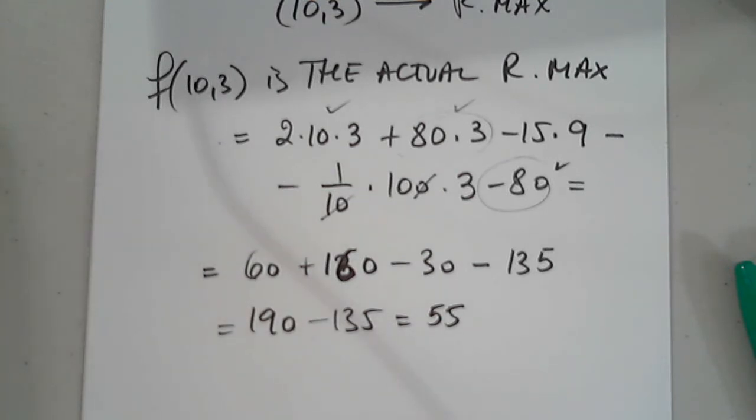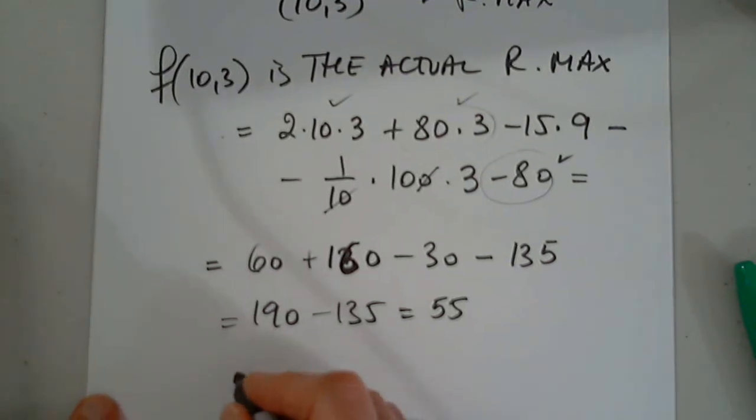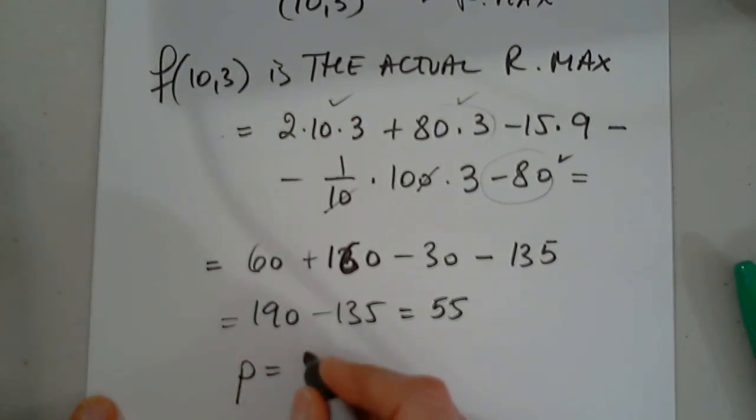What was A again? The amount spent on advertising in millions of dollars. Right? And P was the price. Okay, so lowercase p is $3 per unit.